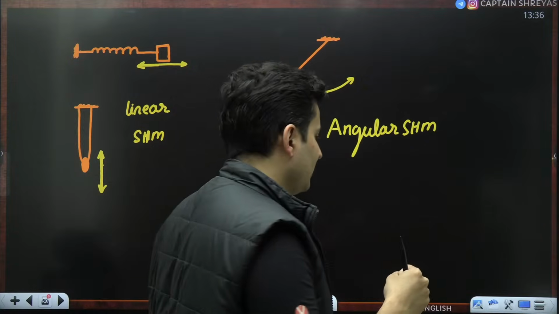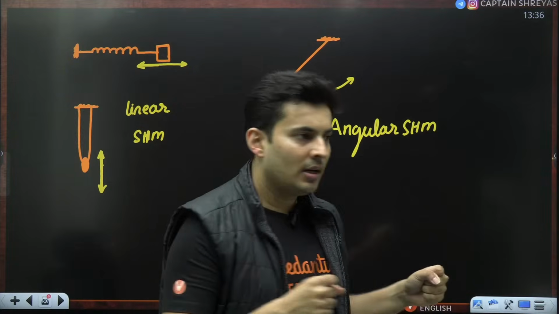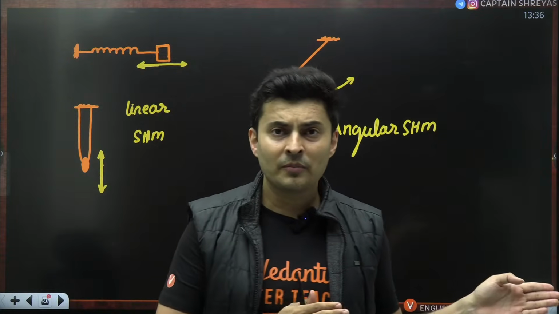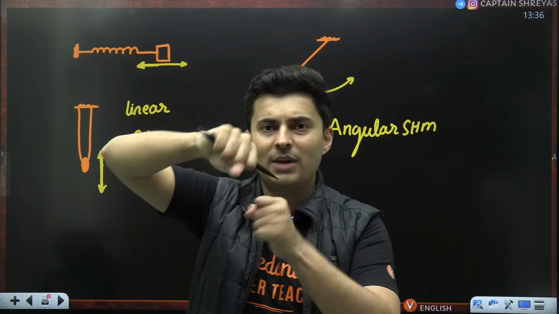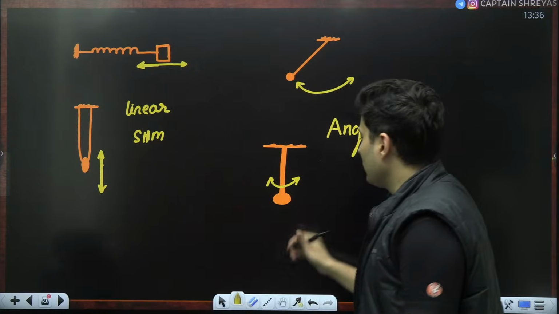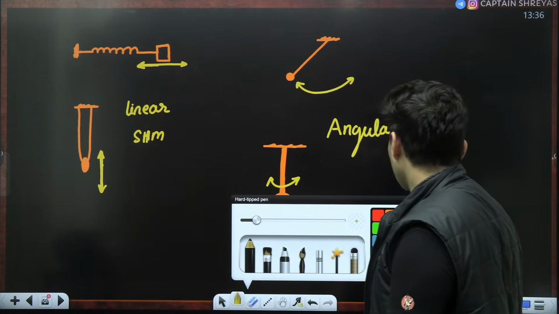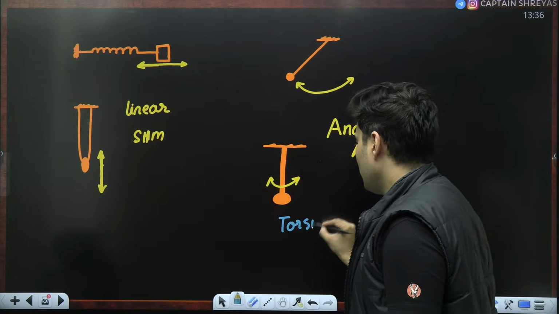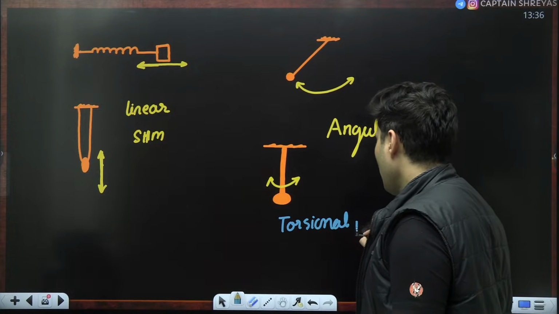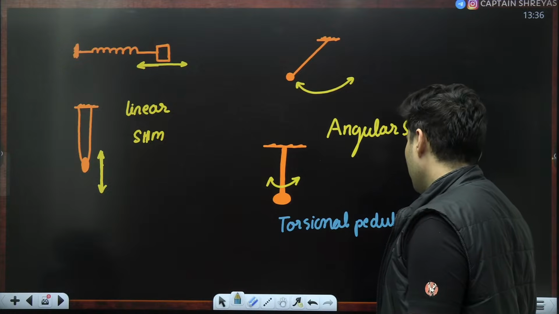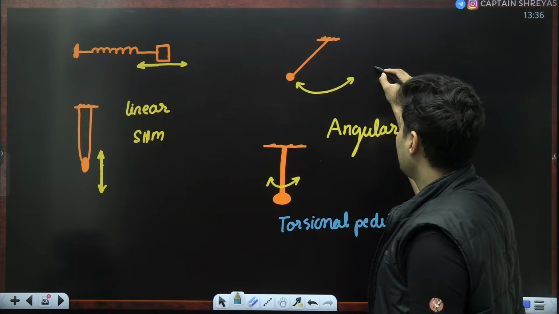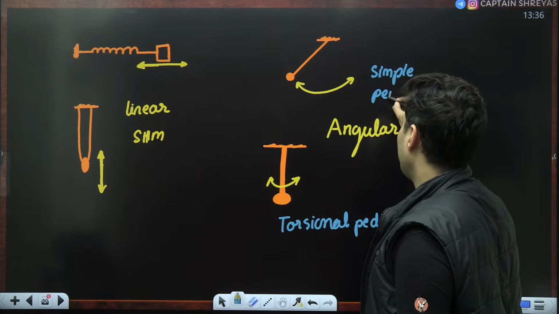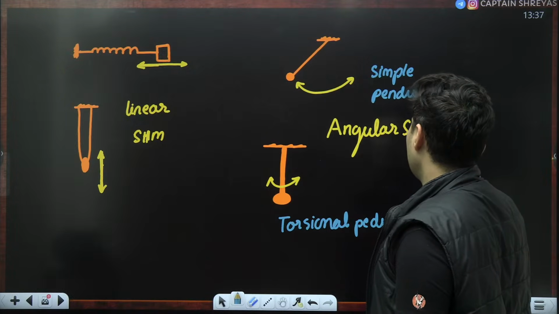So this is again angular simple harmonic motion, but you are twisting that object back and forth. That is why this is usually called a torsional pendulum. This is just your simple pendulum.